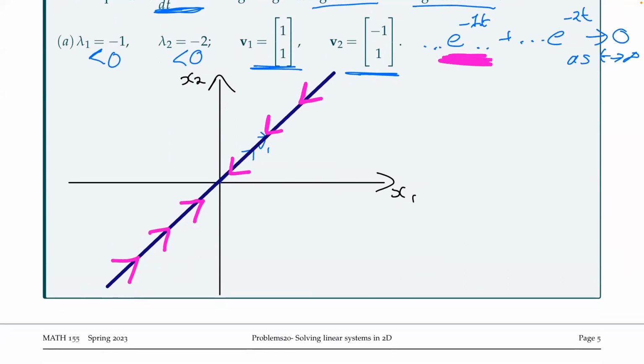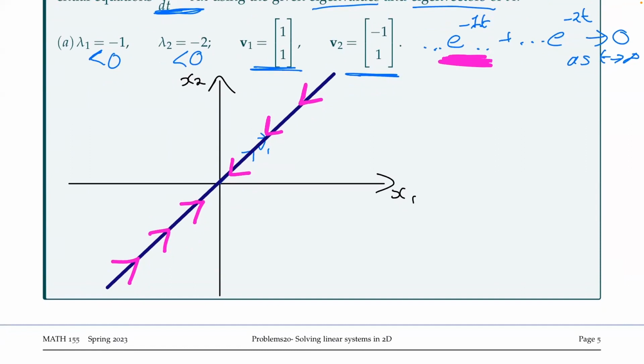And let's think about our second eigendirection. Here we're moving 1 unit to the left and 1 unit up. So my second eigenvector is my v2. Just like the other one, we can draw a straight line that goes through this, roughly.